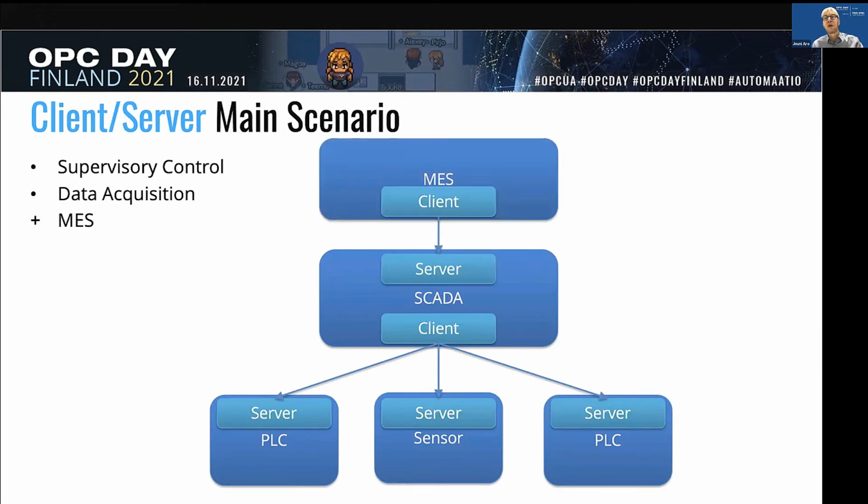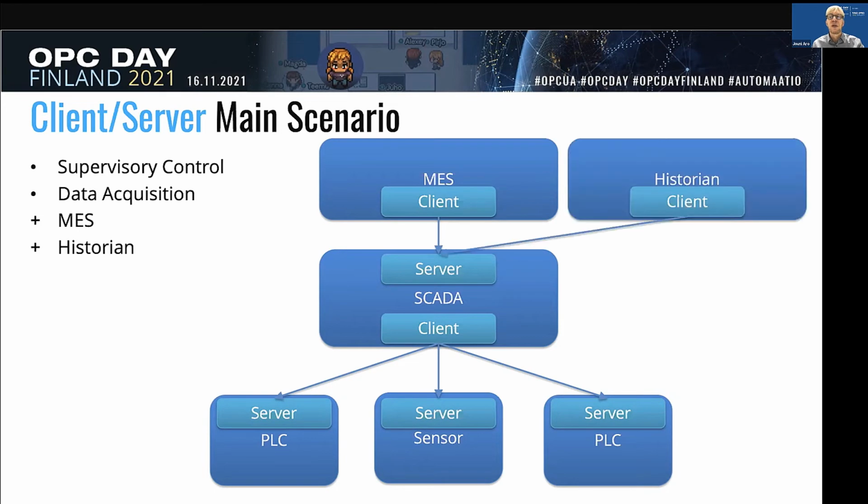But there can be also applications on top of the SCADA, like MES, that also make a client-server connection to the SCADA, or a historian that is monitoring changes in the SCADA application. But even the PLCs can communicate with each other as is defined in the PLCopen information model. And this is already established today, and these are the main scenarios where OPC UA is used.